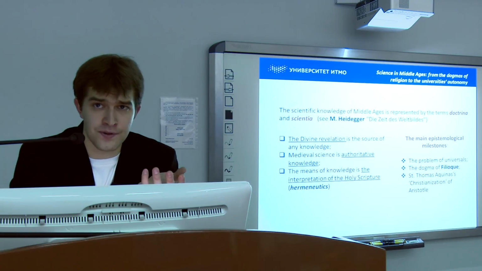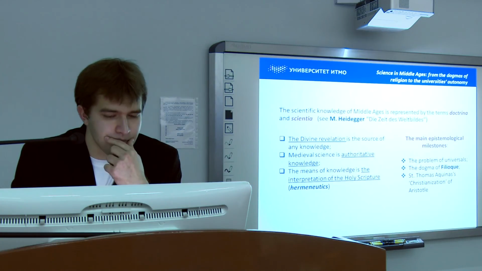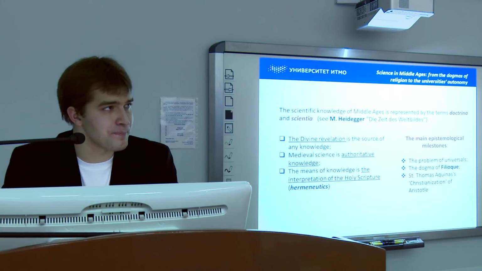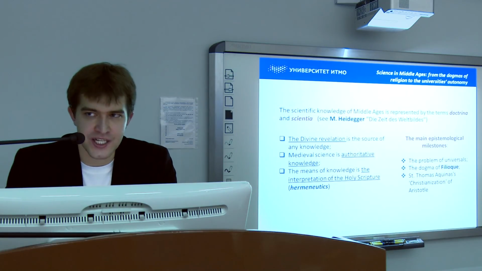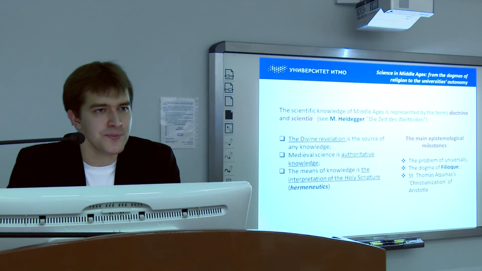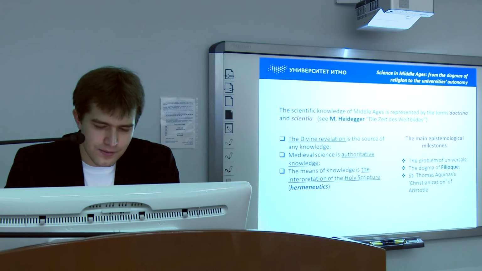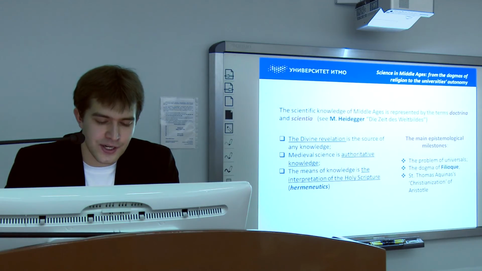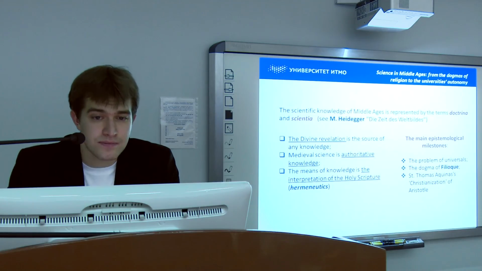So the next epistemological milestone of the medieval tradition was the dogma of filioque. Filioque in Latin means "and from the Son." By Son I mean the Son of God. You remember that there is a so-called credo, or the symbol of the belief which Christians follow, and this is a famous prayer when we speak it, right?